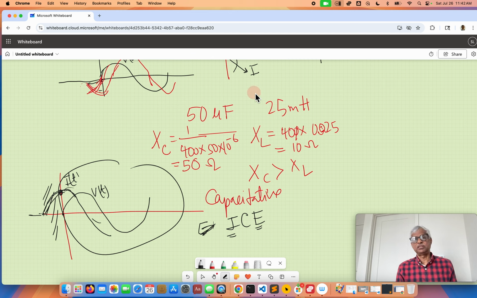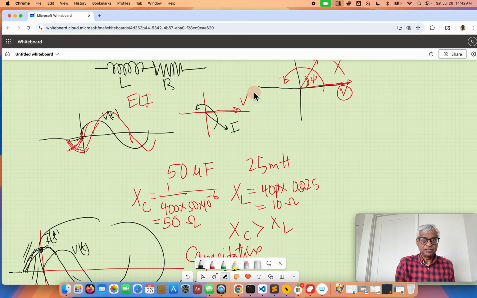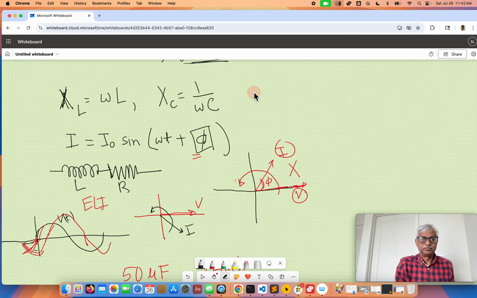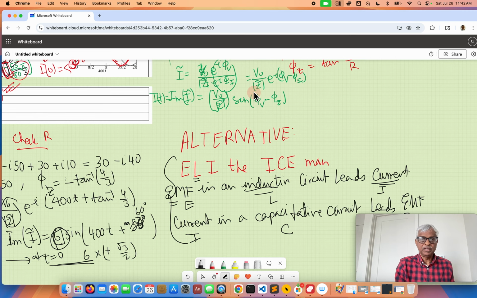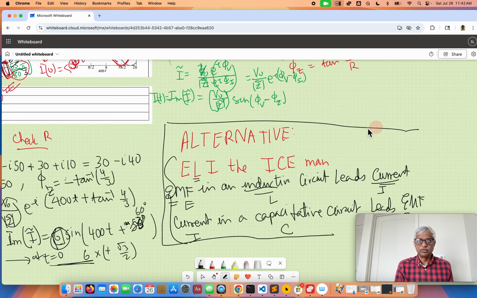So you don't actually have to do complex analysis to get the answer. You can just do ELI the ICEman, and that should be okay. But you have to know how to read ELI the ICEman properly. ELI is when XL is greater than XC, and ICE is when XC is greater than XL.